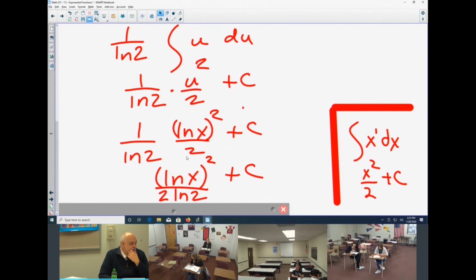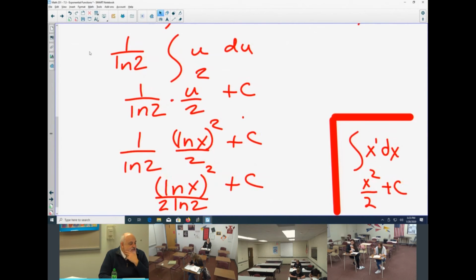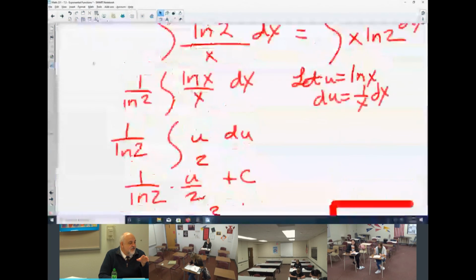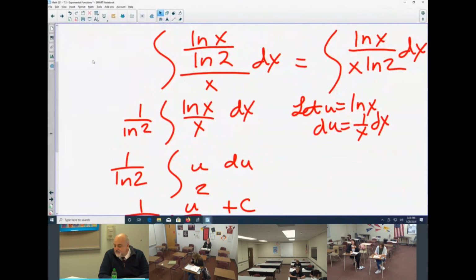And here I just combined these together, but that's about it. All right, so using this as a model, I'll leave this up here. See if you can do practice 7b.